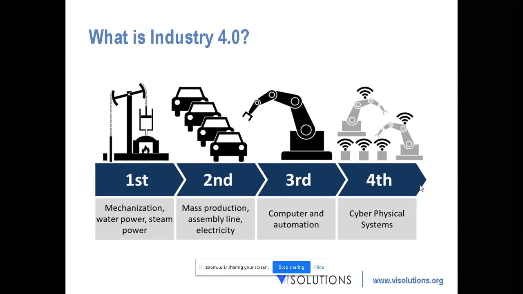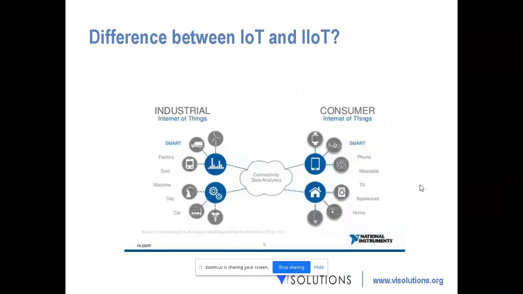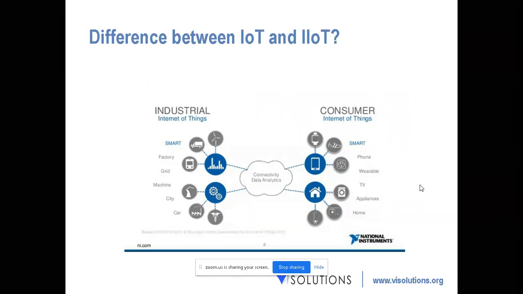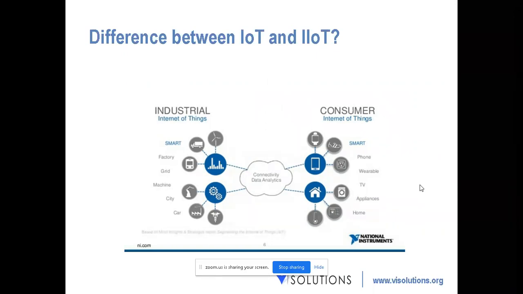So Industry 4.0 has also come into play, right? Things like smart factory, smart grid, smart machines, smart batteries, smart electrical vehicles all came into the picture.